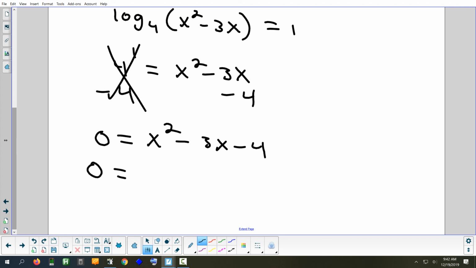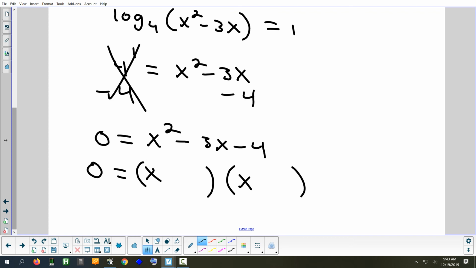Right? So Andrew, when I want to factor, what's the first thing I write down? Yes, good job. Parentheses. Start with that. How about Justin? What's going to be my first two terms? Yep, x and x. X times x is x squared.